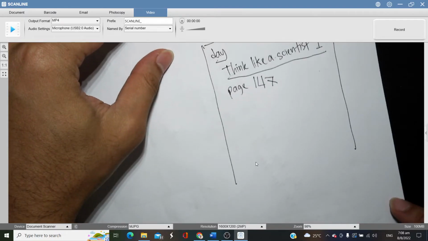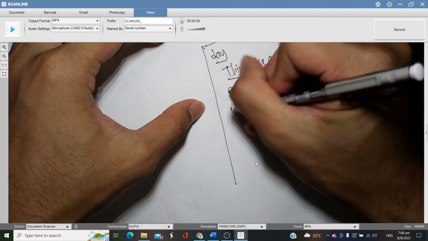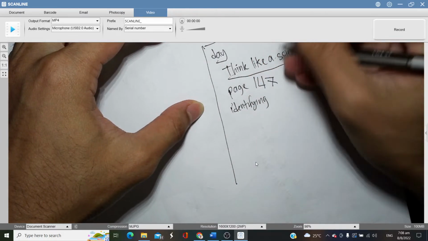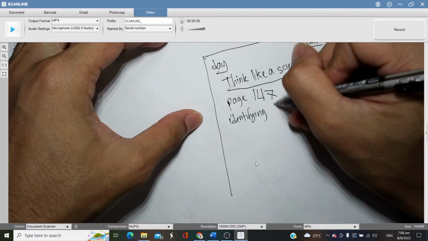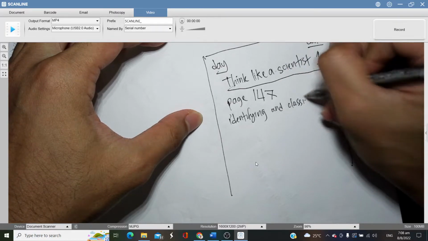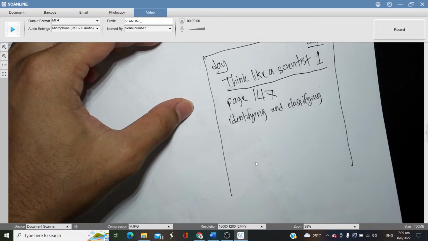Like I said just now, what kind of scientific inquiry is this? Identifying and classifying.